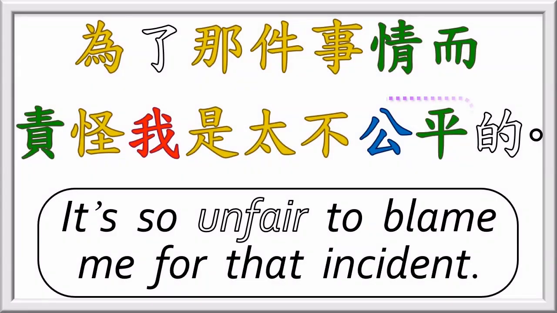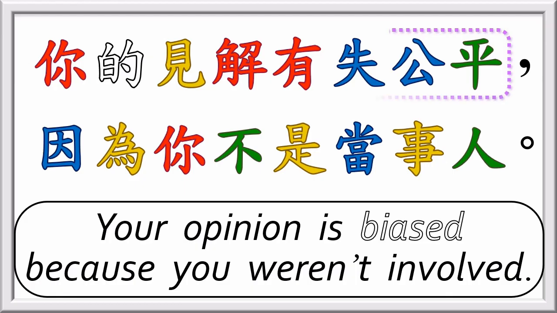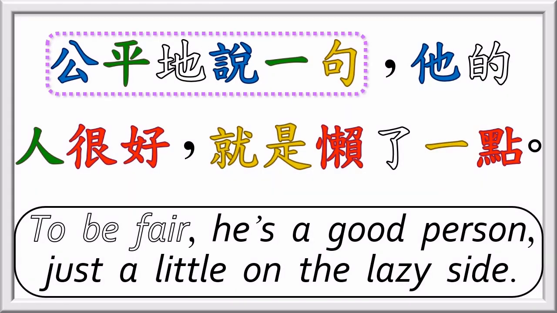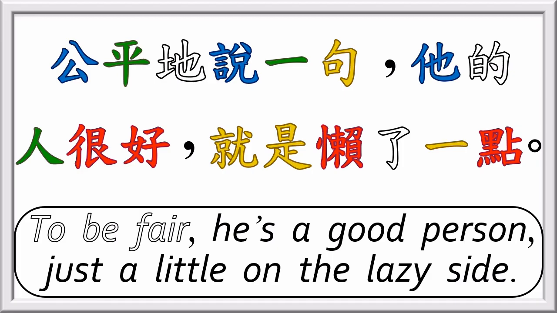When everyone is on the same level, benefiting from a so-called level playing field, the situation is said to be fair or 公平, literally, openly and publicly level. 为了那件事情而责怪我，是太不公平的。It's unfair to blame me for that. 你的见解有失公平，因为你不是当事人。Your opinion is biased because you were not involved. 公平地说一句，他的人很好，就是懒了一点。To be fair, he's a good person, just a little on the lazy side.